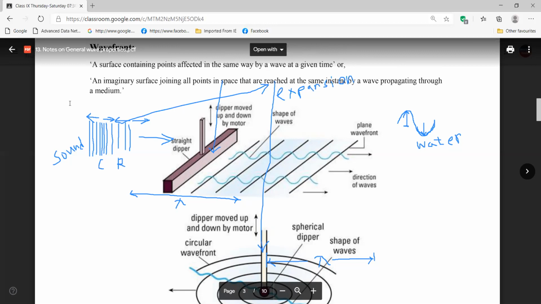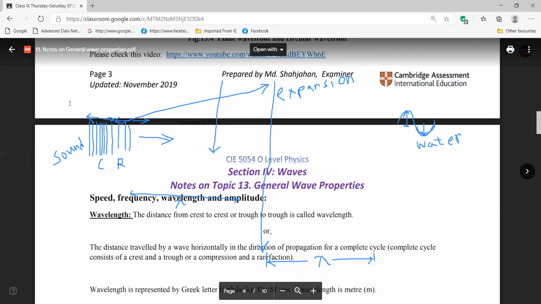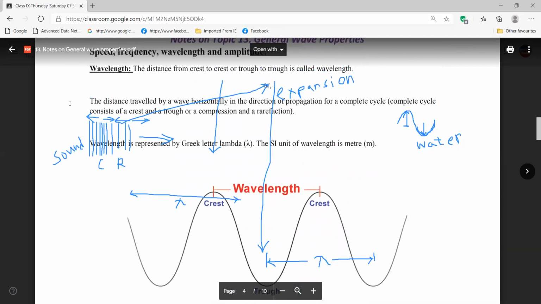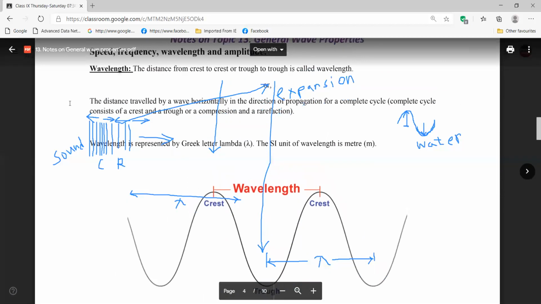So now you can go to wavelength. You write the wavelength definition later. First you draw this diagram.